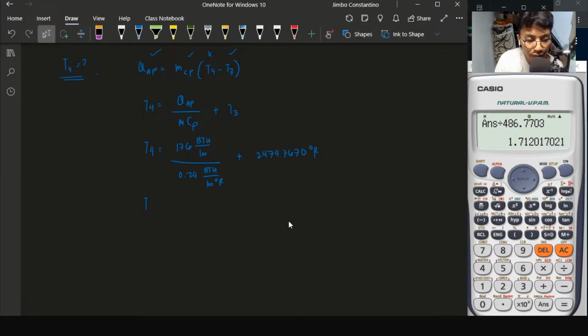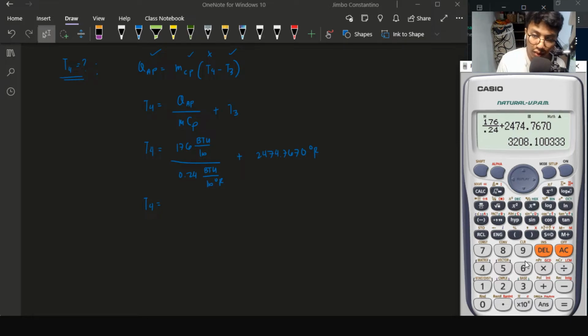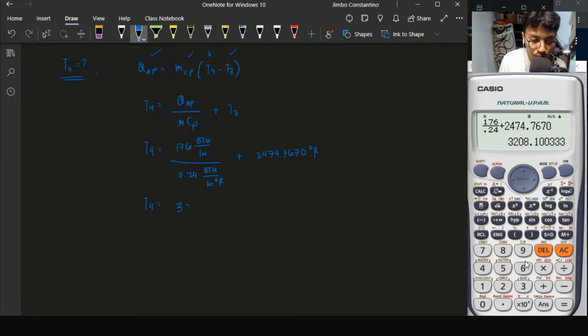So, T4 is equal to, that is the highest temperature of our combustion, divided by 0.24 plus 2474.7670. That gives 3208.1 degrees Rankine. That is T4.